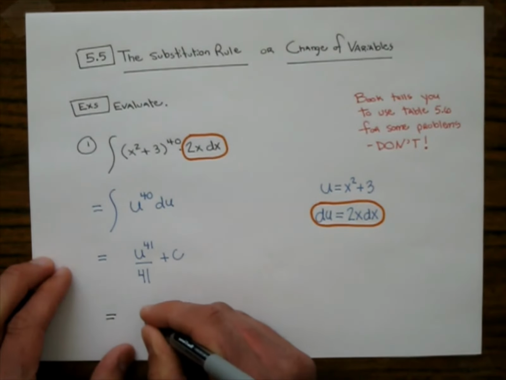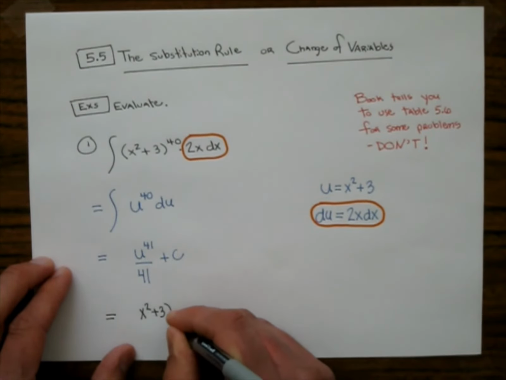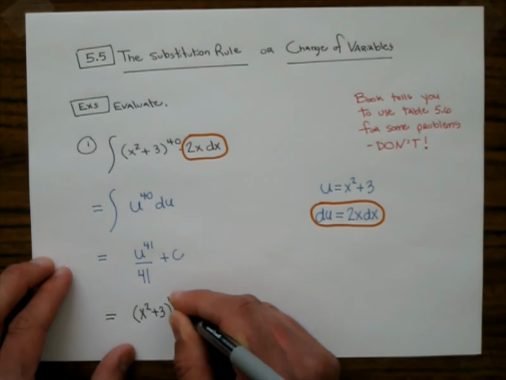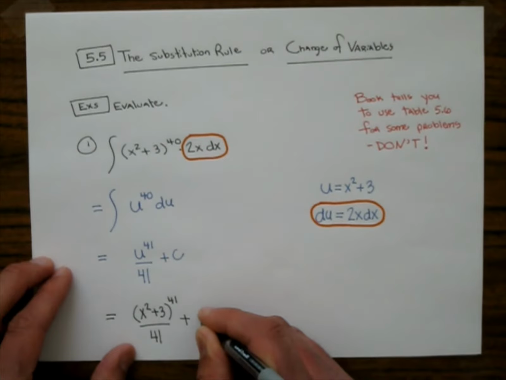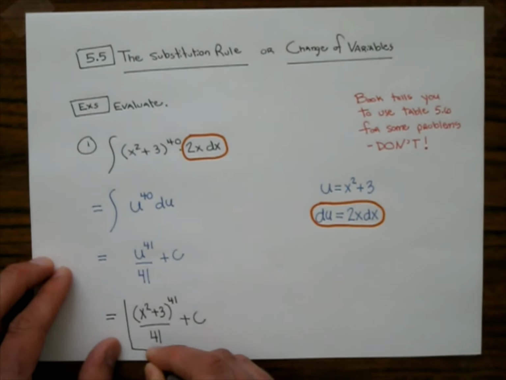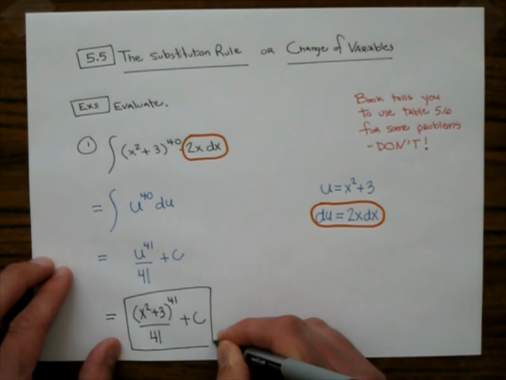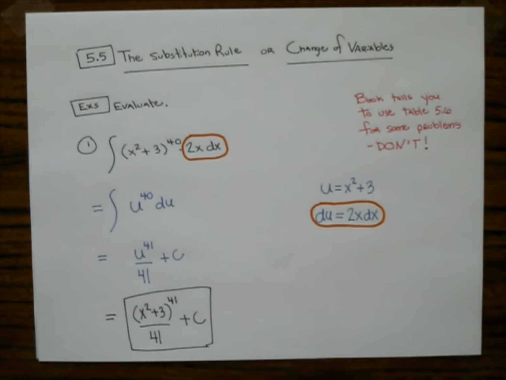So this is x squared plus 3 to the 41 power, all over 41, plus c. And that is our answer there.